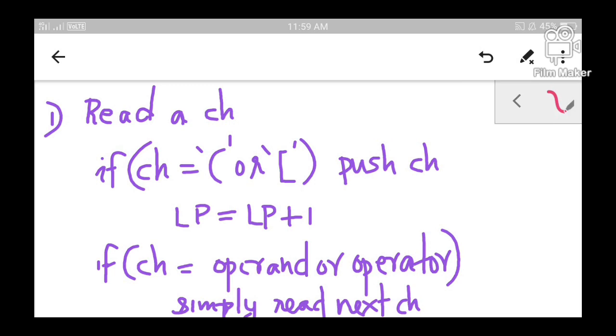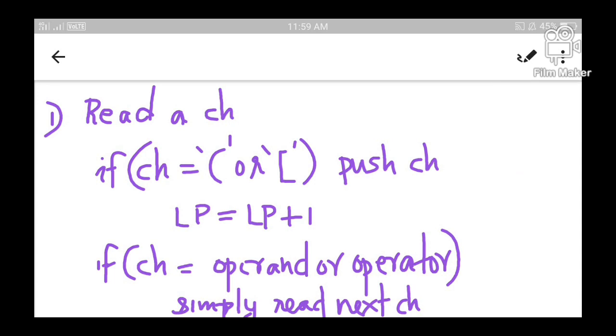So before starting the algorithm, LP is a variable which stores the count for left parenthesis, and it should be set to 0. Each time you encounter a left parenthesis, the count of LP should be incremented by 1. So if the read character is a left parenthesis, you have to increment the value of LP by 1 and push the character onto the stack.